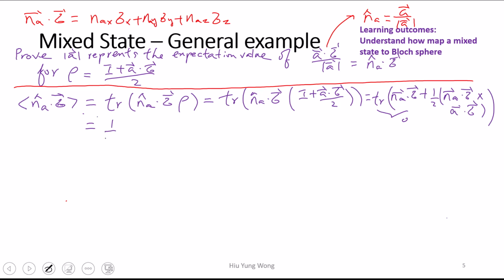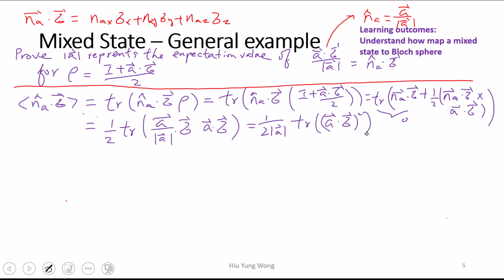So I take out the half, I have the trace, then I just expand a little bit because NA is just equal to A divided by the magnitude of A, and then dot sigma times A dot sigma. So this equals 1 over 2 magnitude of A, the trace of, now I can use a square, NA dot sigma squared.